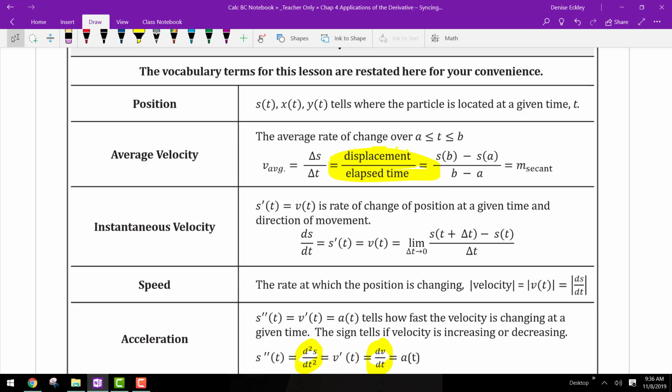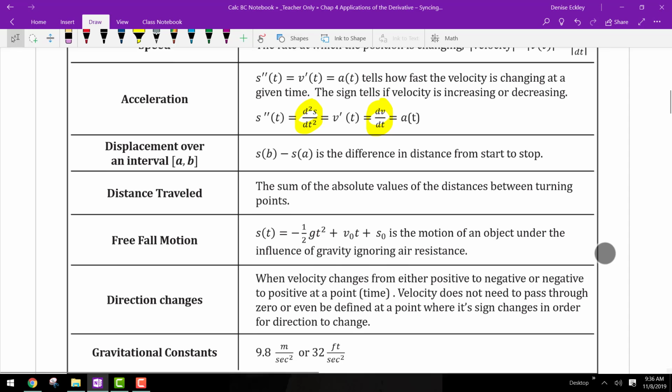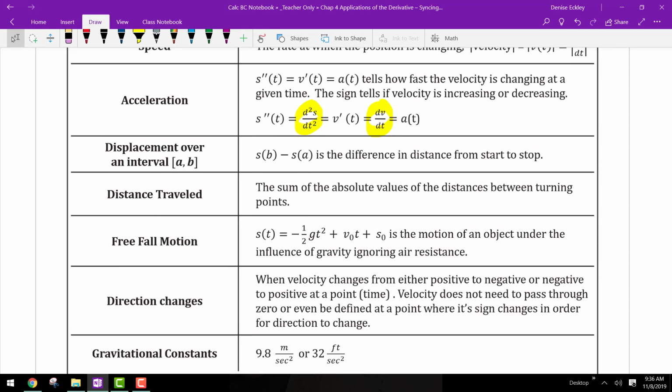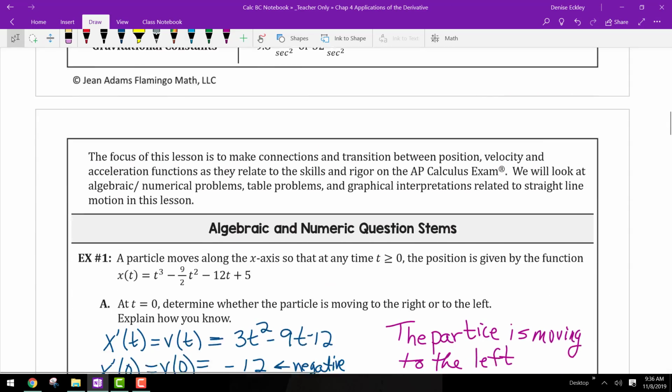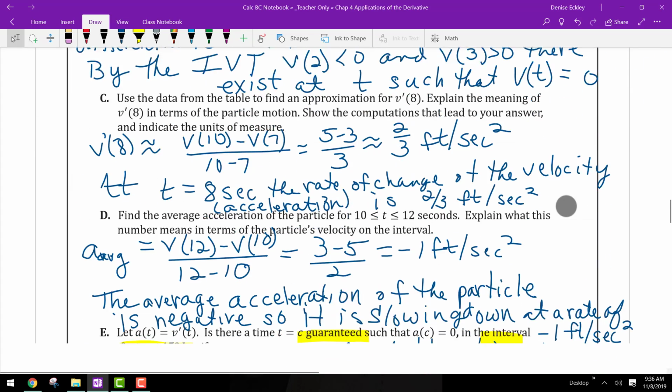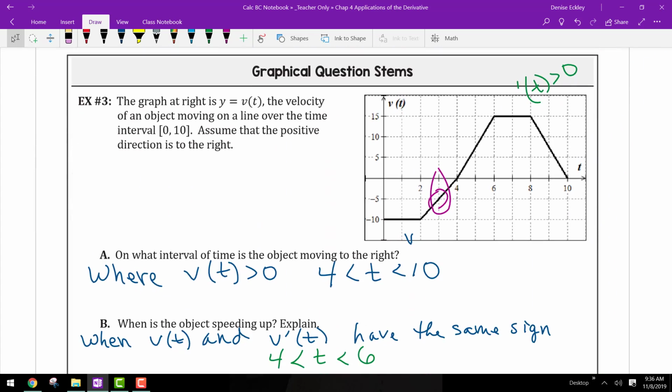But if you recall from when we did this before, the displacement is the area under the curve of a velocity graph.